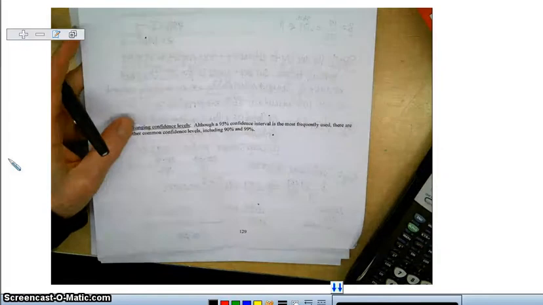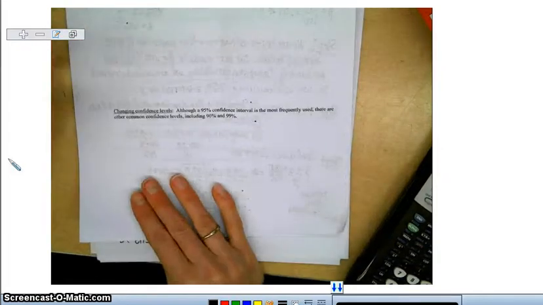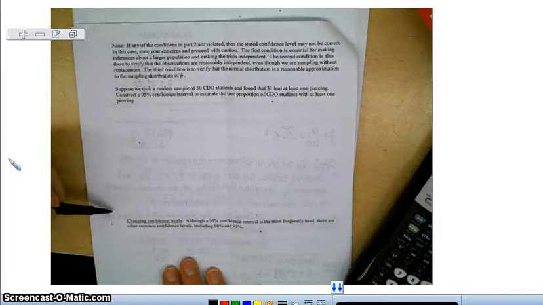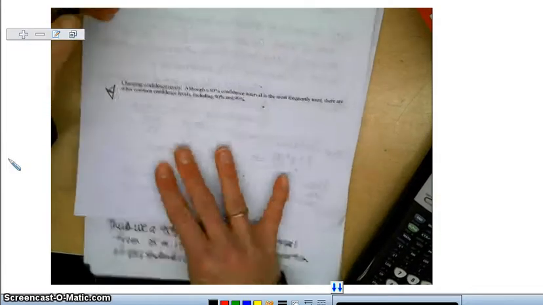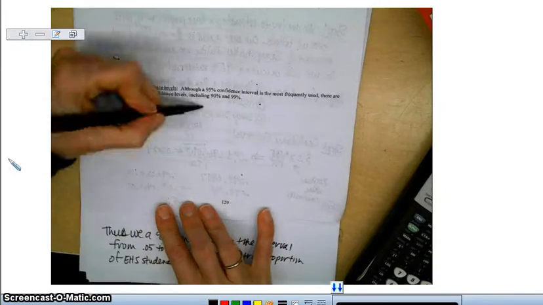All right, so let's take a look at changing the confidence level for just a minute. I'm going to skip this example. We'll probably do it in another video if I have a chance. A 95% confidence interval is the most frequently used one. So how would you get what the confidence levels are?